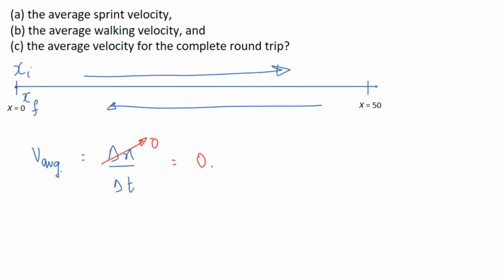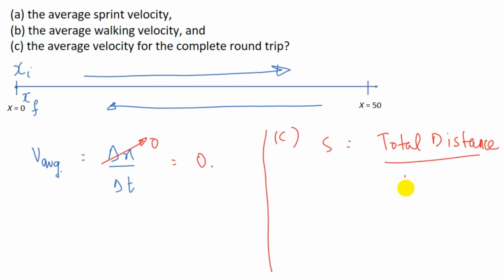Now let us compare this average velocity with the average speed. If you find the average speed for the case C, we know it is the total distance traveled divided by the total time, or you can say time elapsed.